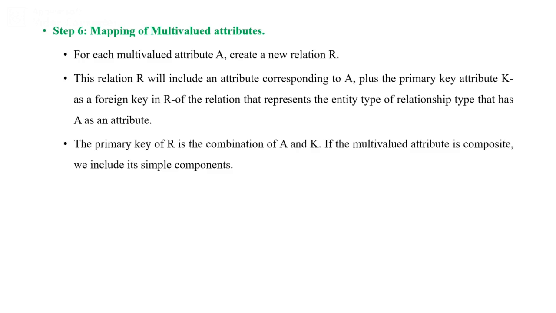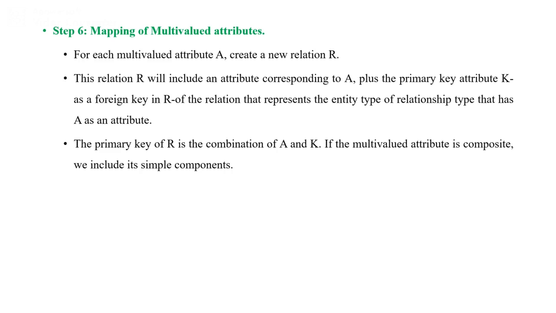The primary key of R is the combination of A and K, that is, attribute A as well as attribute K, both together will form the primary key for relation R.